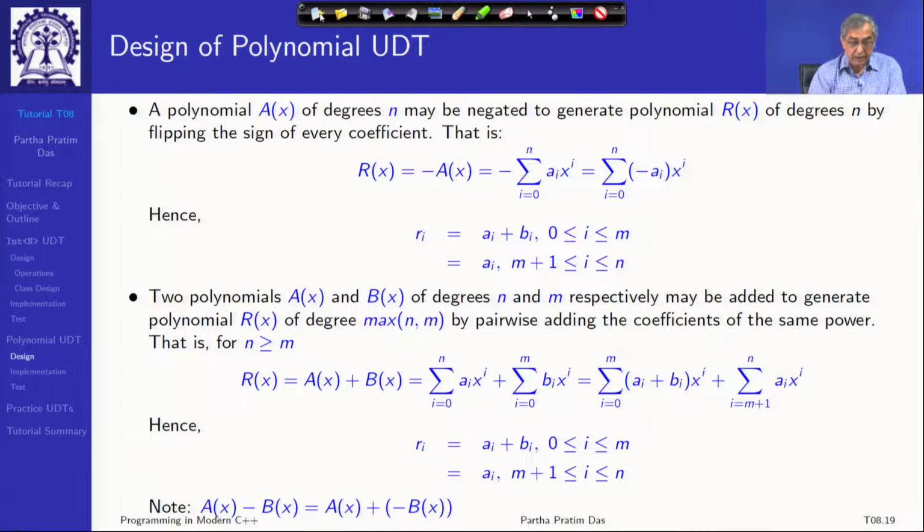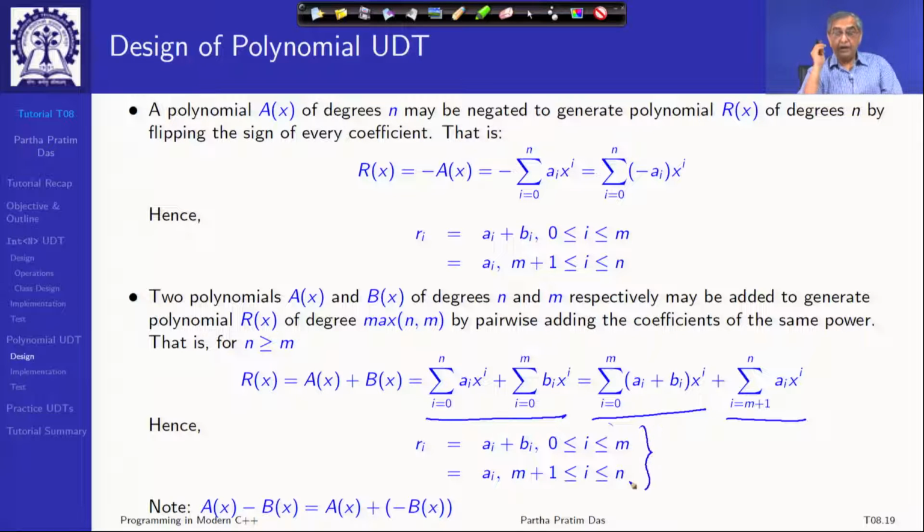So, this is how it is defined, that if I add these two polynomials, then up to the smaller degree the coefficients are added, then the remaining coefficients of the larger polynomial are put at the end of it, and this is the definition in terms of the coefficients. And since we can add, we can negate, we can do subtraction.